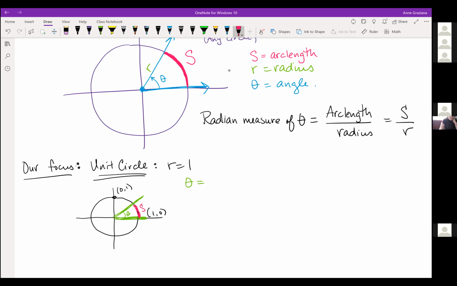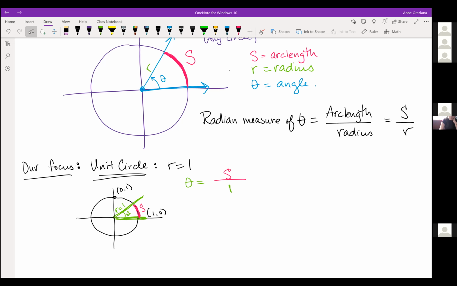This is still S over, but what's my radius? 1. So what this means, in so many words, is that those distances we've been walking, you know, how I'm like walk 3 miles, walk 5 miles, those are really radians on the unit circle, because the measure of the radian is going to be the same as that arc length because we're just dividing by 1.